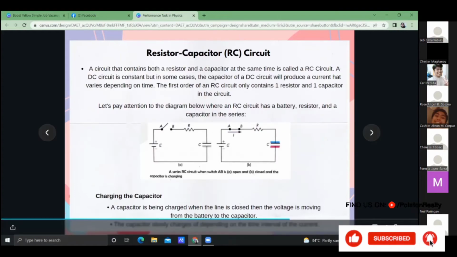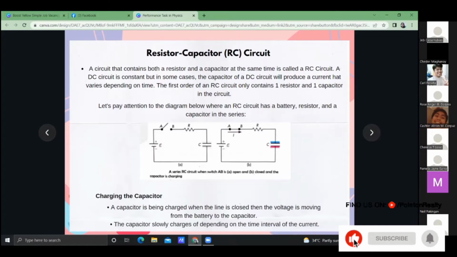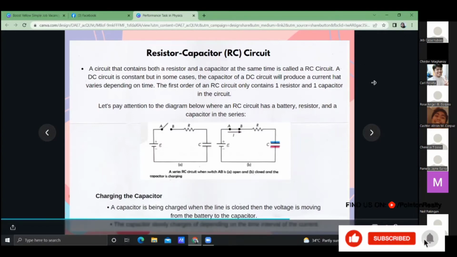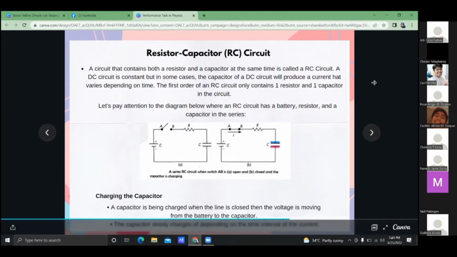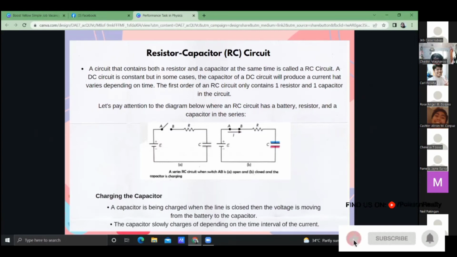Okay, now we're moving on to the RC circuit, or the resistor-capacitor circuit. An RC circuit is a circuit that contains both a resistor and a capacitor at the same time. A DC circuit is constant, but in some cases, the capacitor in a DC circuit will produce a current that varies depending on time.